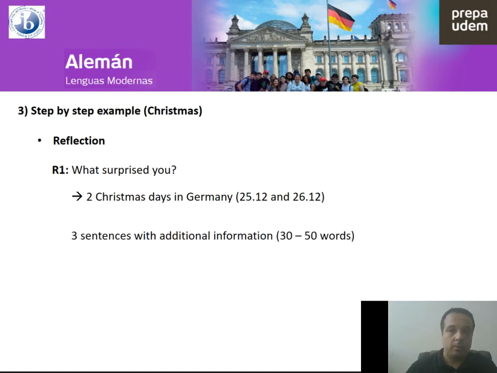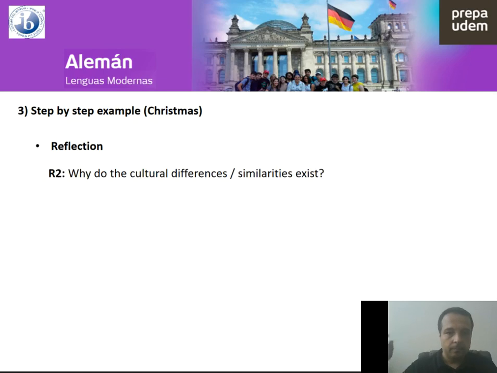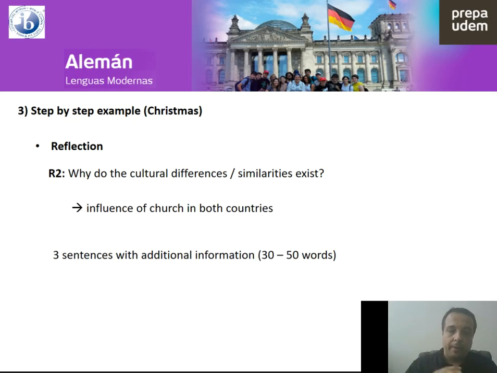The next question would be the reflection: why do the cultural differences and similarities exist? Well, you can talk here about the influence of the church in both countries. Also here, write 3 sentences with additional information. What is additional information?